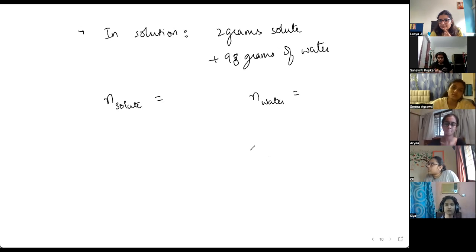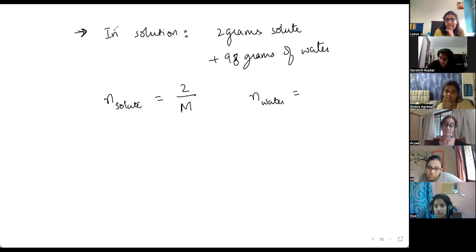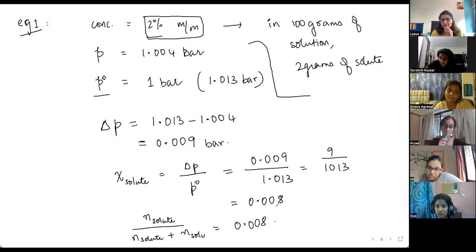We can't find it for solute, right? Only for water, because we don't know what the solute is. It will be 2 by its molar mass. I didn't understand this. What did you do? Do you understand what we have done up to here?